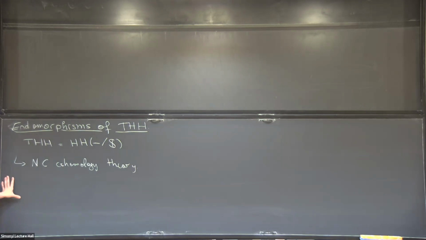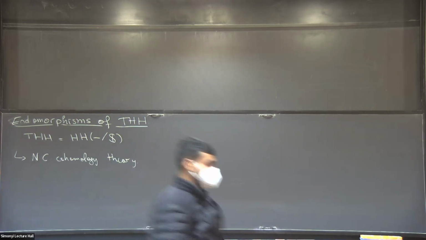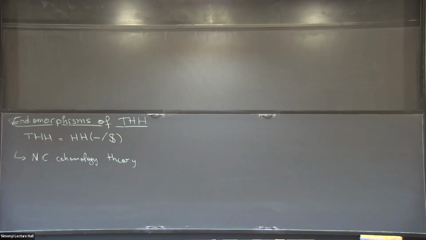Maybe a brief further motivation than just computing operations on something: I can tell you a bit about previous work that was done on this. I think the original paper studying operations on classical Hochschild homology was by Loday.